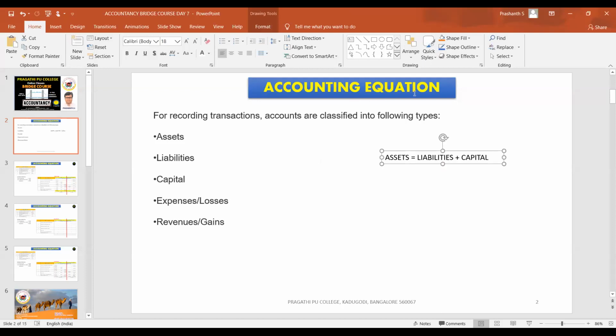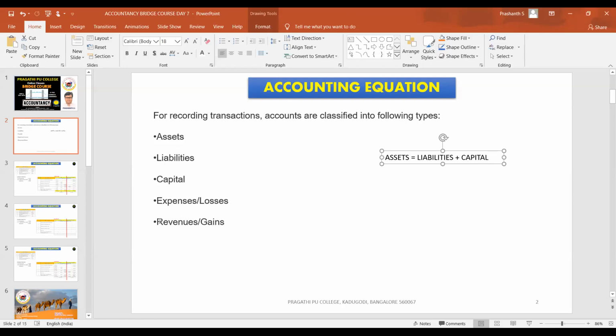So in the accounting equation, for recording the transactions, accounts are classified into the following types. Assets should be there in the accounting equation. So A should be there, L should be there, C should be there, as I said in the previous class. Apart from that, we saw the expenses and the revenues.